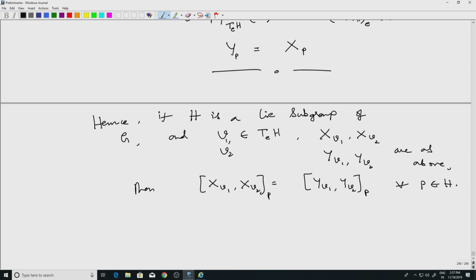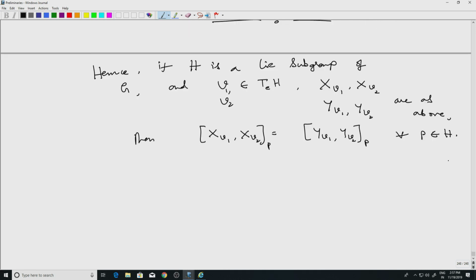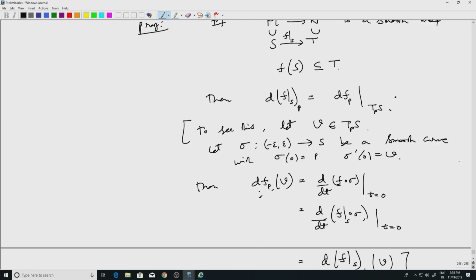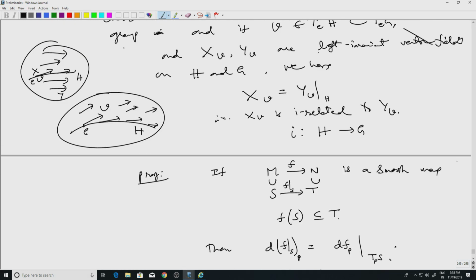Take the Lie bracket. That Lie bracket precisely gives the Lie bracket of these smaller left invariant vector fields. And this again is the fact about this I-related business.